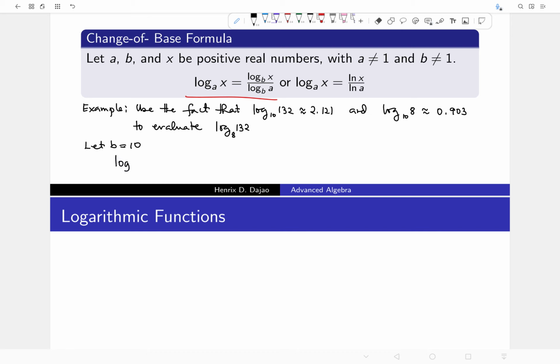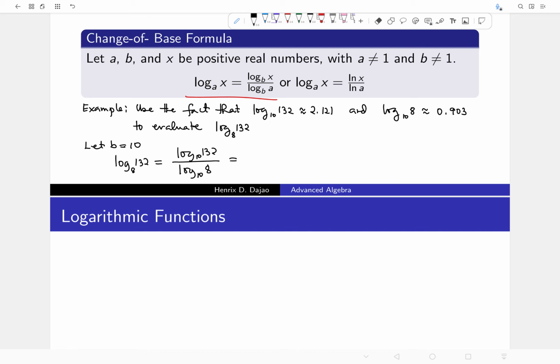So log of 132 with base 8, using the change of base formula, becomes log of 132 over log of 8, with base 10. We will calculate this one.